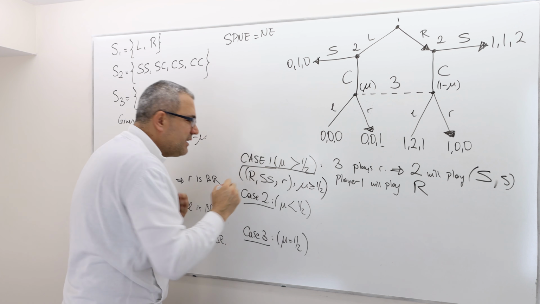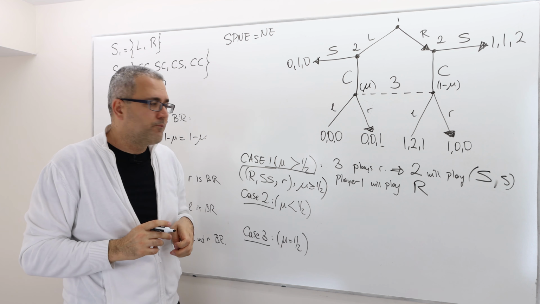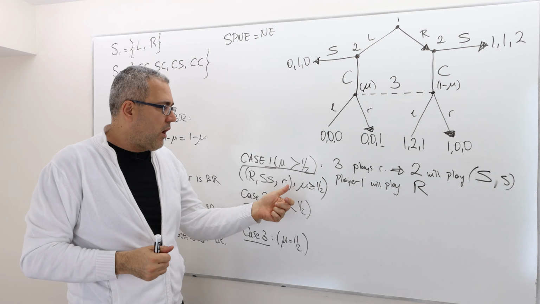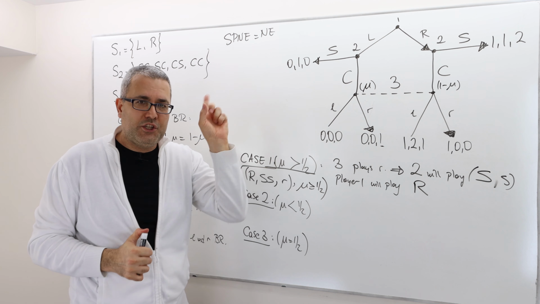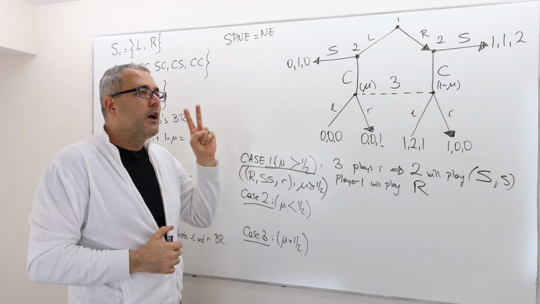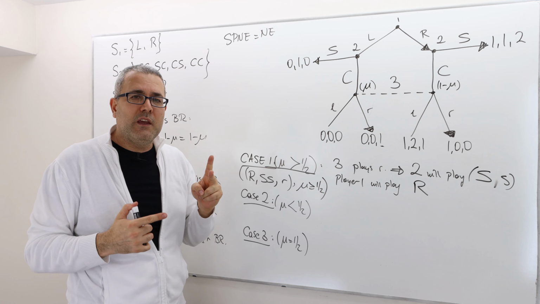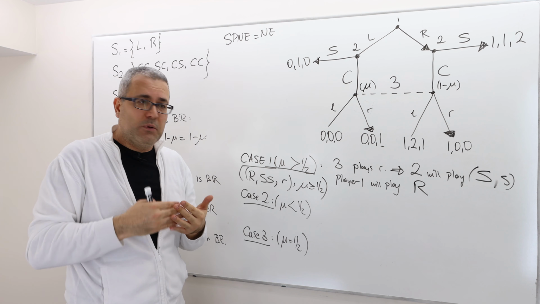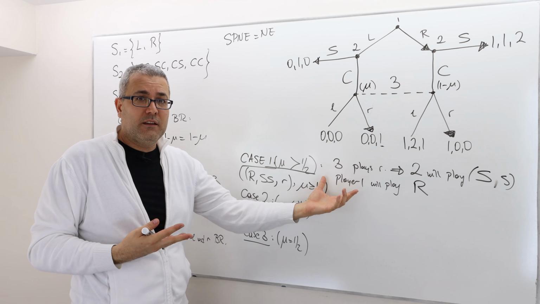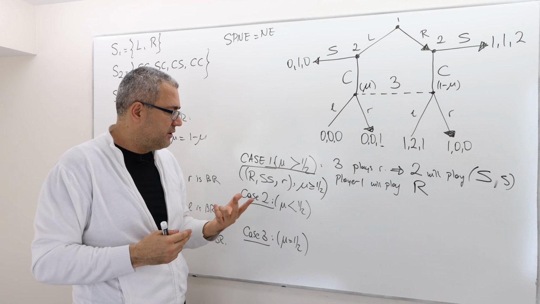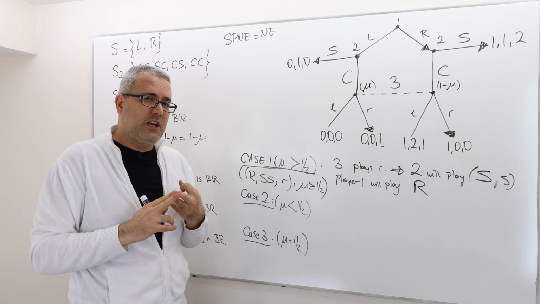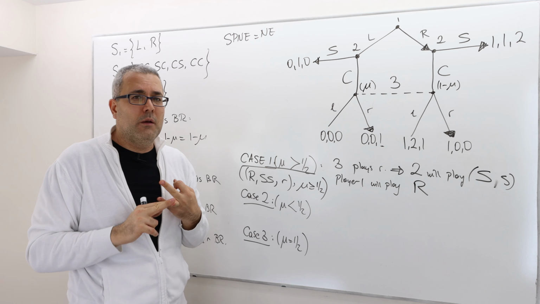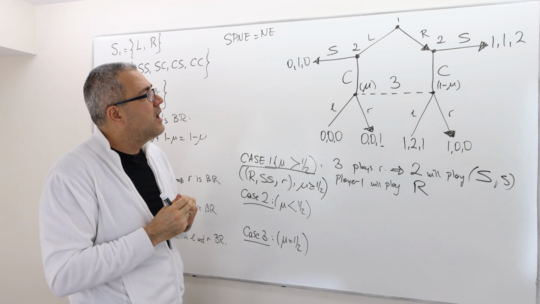Question: is this really a perfect Bayesian equilibrium? Okay. Requirement 1, mu is there. Check. Requirement 2, each player should be best responding to the others' strategies and his beliefs. We already checked that. This is how we generated those strategies. So then all I have to check is requirement 3 and 4. Whichever is the case.